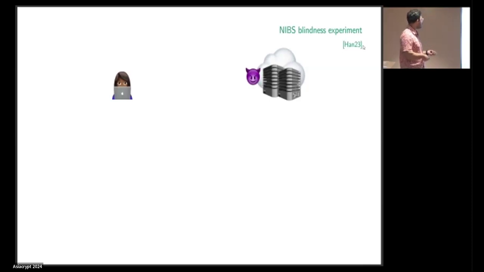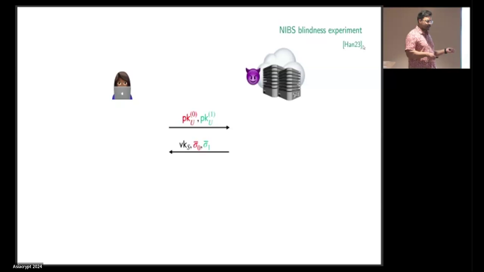So the game is between a challenger and a malicious signer, or the adversary. The game begins with the challenger sending to the adversary two public keys. These can be the same public key, or these can be distinct public keys. The signer sends back a verification key and two pre-signatures, also validated, but just assume that it's included.